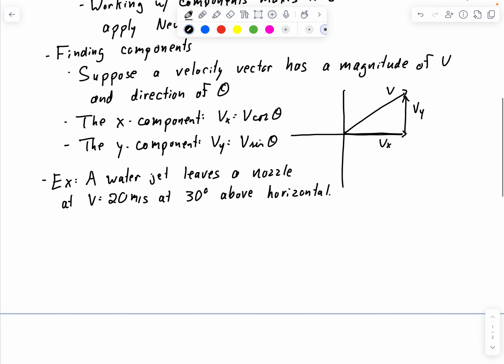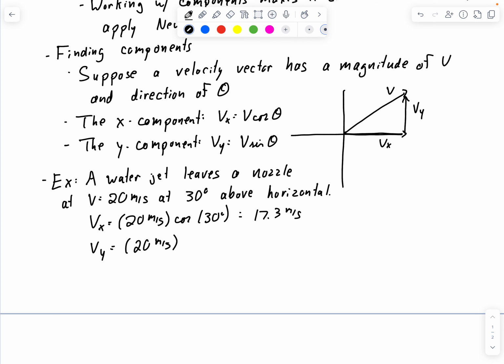In this case, we can find the components. Vx will be the magnitude, 20 meters per second, times cosine of 30 degrees, which is 0.866. That gives us 17.3 meters per second. The y component, Vy, would be 20 meters per second times sine of 30 degrees, which is 10 meters per second.